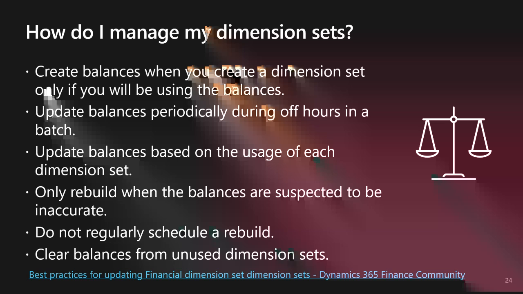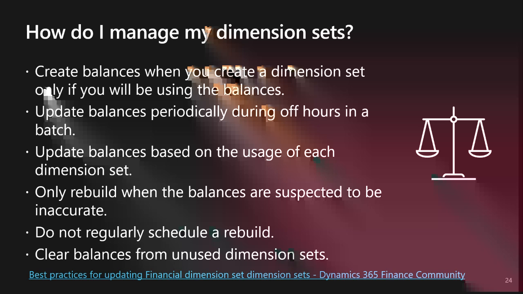When scheduling a recurring balance update, there are two factors to consider. First is how often each dimension set's balances are used for reporting. Second is how much posting to the general ledger is being done. For example, if a large amount of posting to the general ledger is done at night, you could schedule the recurring balance update to be done after the posting is complete and before the users get to work in the morning.